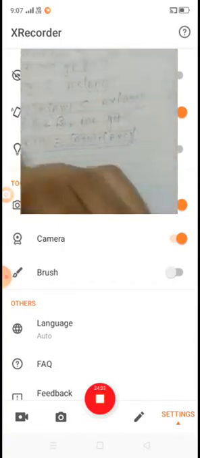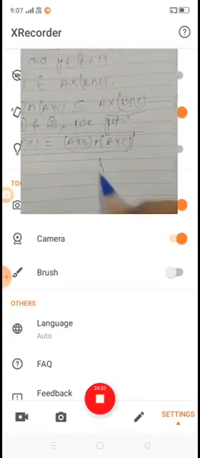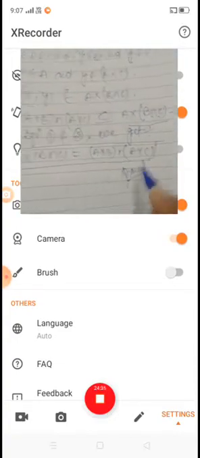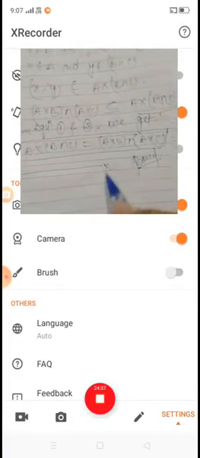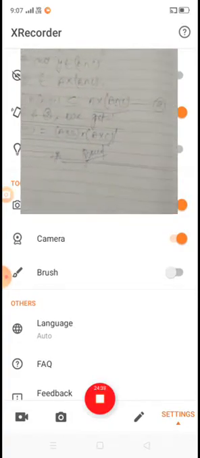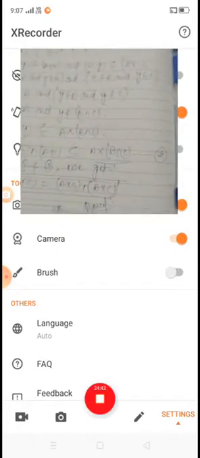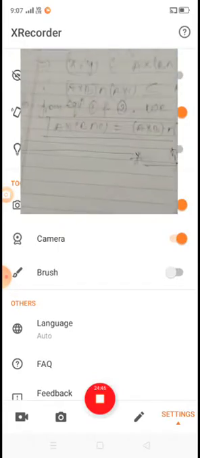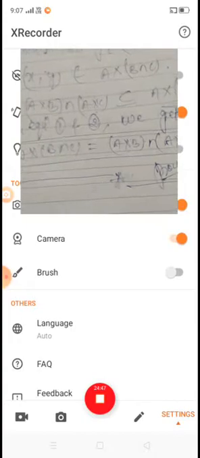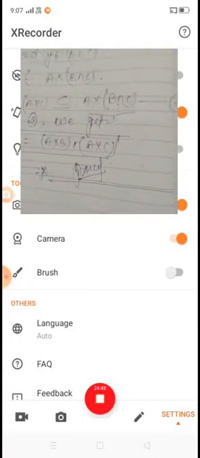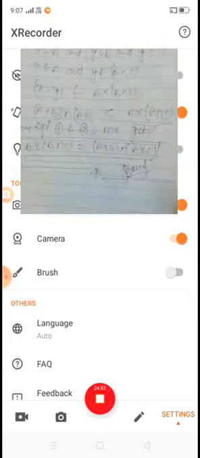Hence proved this result. Okay, so dear students, in this way we have shown that A × (B ∩ C) is equal to (A × B) ∩ (A × C).